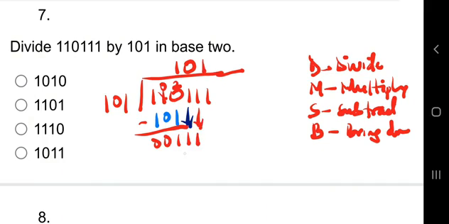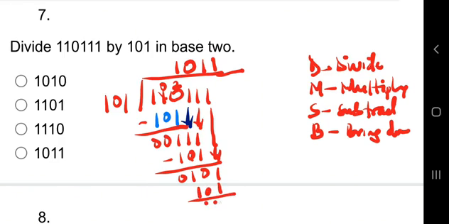We multiply next, which is 101. Then we subtract, which is 010. So the last one, we bring down 1. So 101 in 101 is 1. 101 times 101 is 101, and that gives us 0. So that is the end. So the answer is this one. You can see this division is very straightforward, right? So we move to the next question.